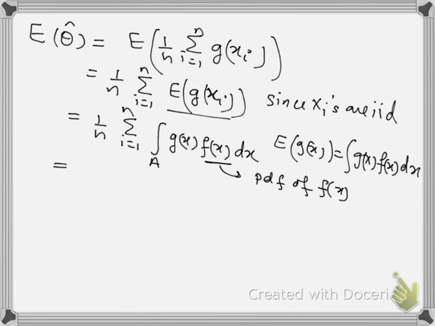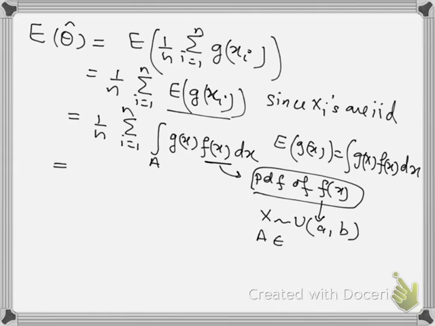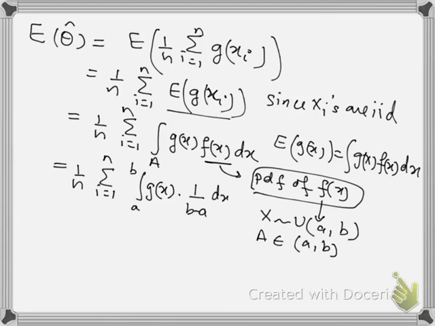So for example, let me just go on an easier note. If we were to generate our x from uniform A to B, then the support set would be A to B, and this would become 1 over n, sum from 1 to n, integral A to B of g(x), and f(x) would become 1 over b minus a dx.